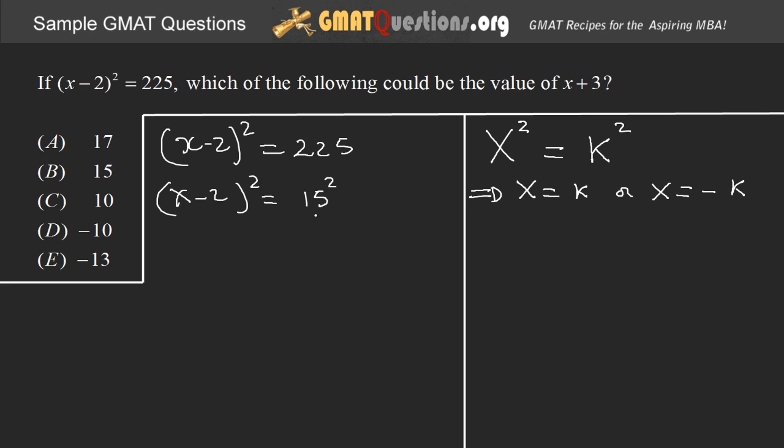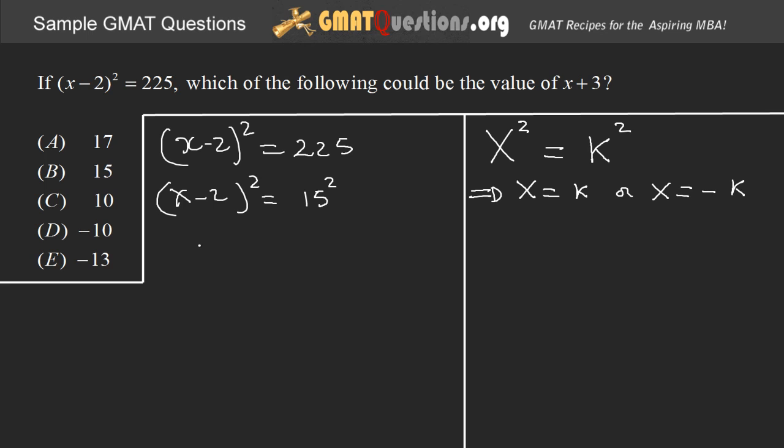Now we're going to solve this question using this method. This is a section about factorization, and we could solve this question using a factorization method. I'll show you later.